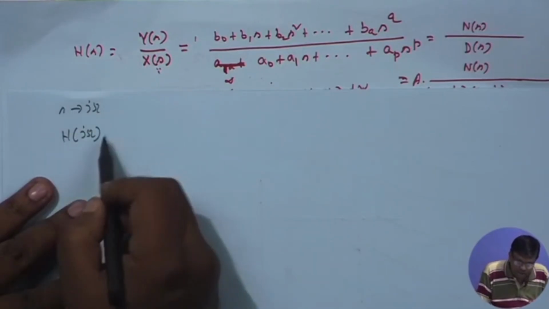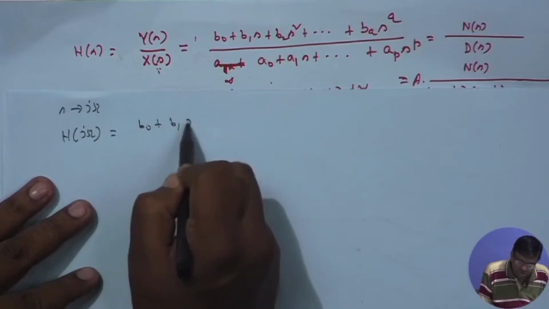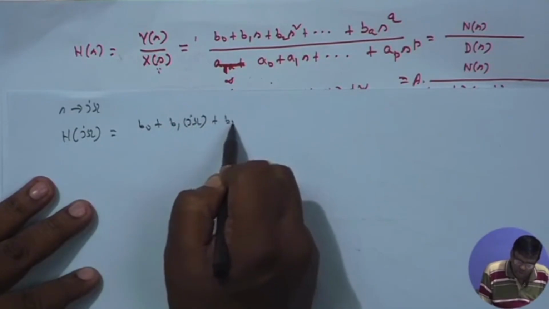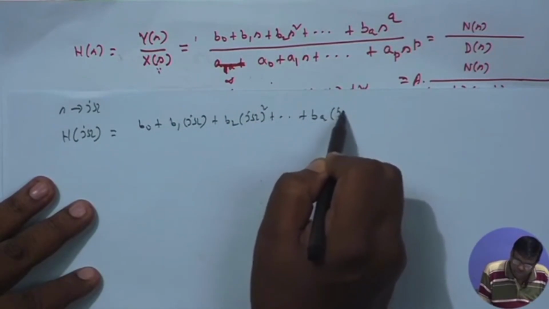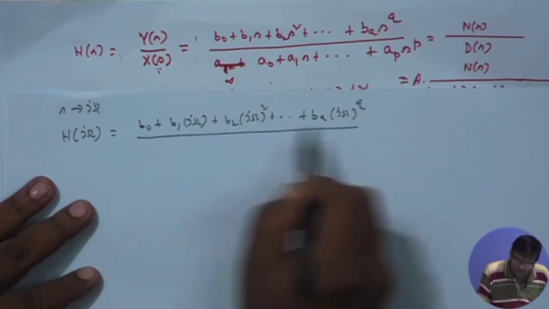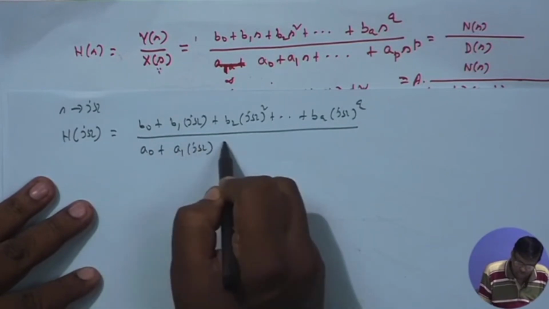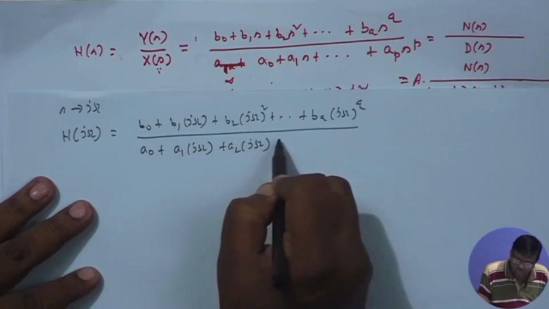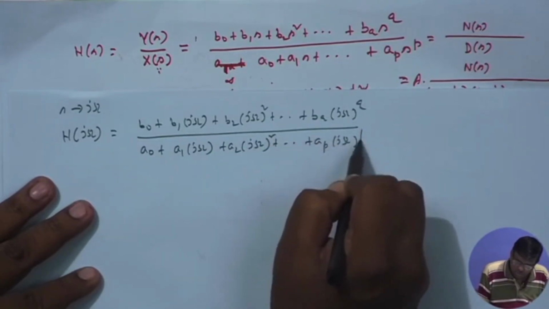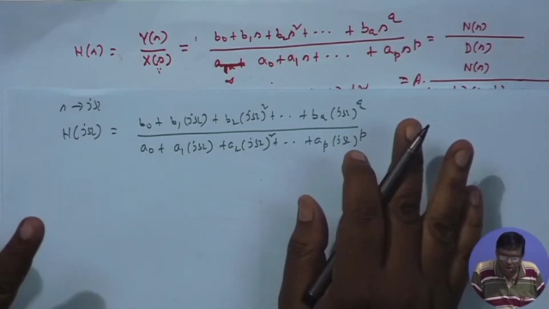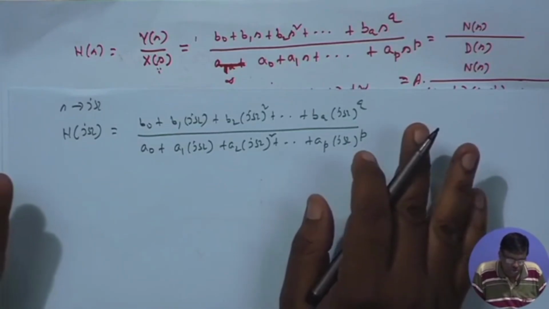There, if I take S equal to j omega and replace it, you have B0 plus B1 j omega, B2 j omega square, and so on. So, this is a function of omega. So, this will be your transfer function.